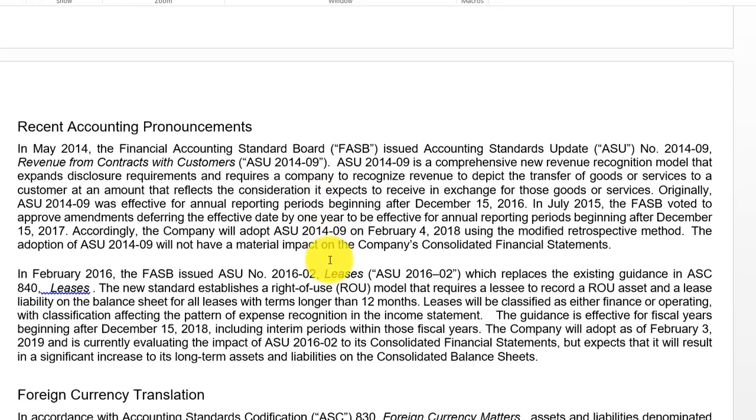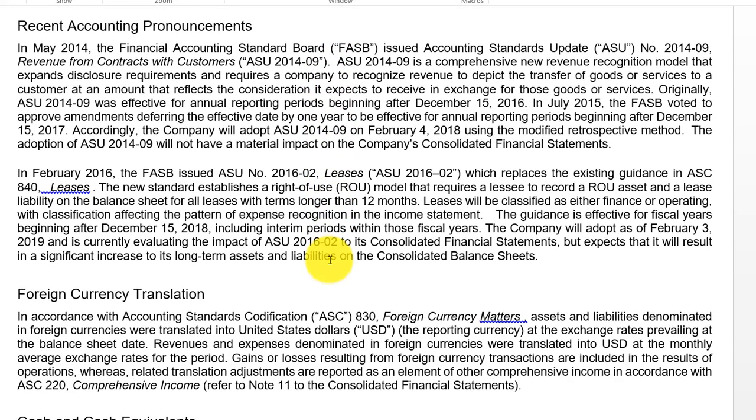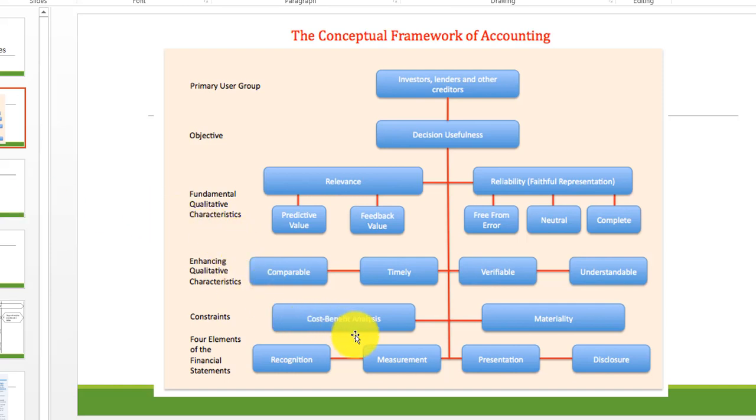Okay. Then there's usually some explanation of how they've applied new changes to accounting. And one of the things that we want them to be is complete, meaning we've looked at and we can rely on these because they have applied all the rules in an understandable way.